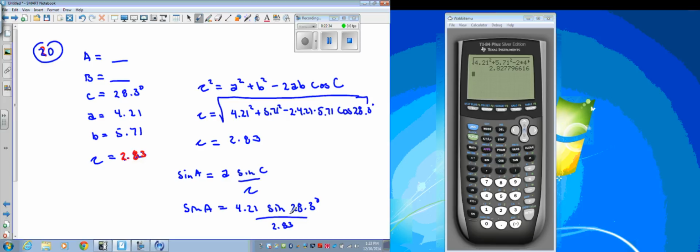So if we want to increase our accuracy when we're doing this, then what we would do is 4.21 times the sine 28.3 divided by, and then I would go up. If I wanted to increase my accuracy, I'd use that number.